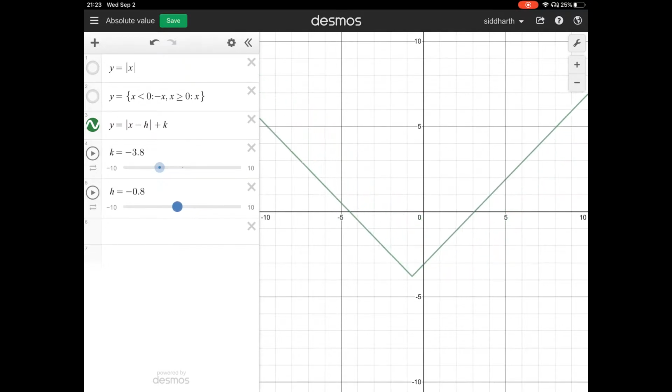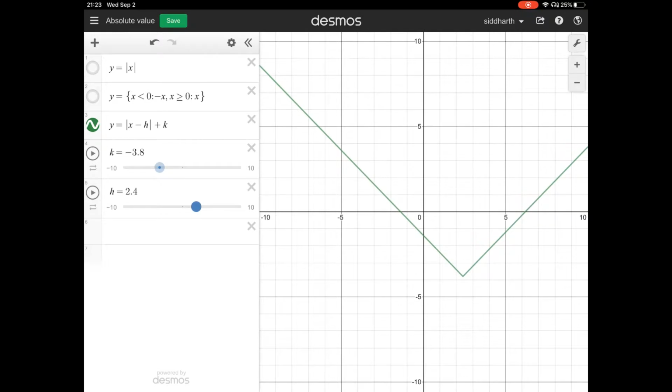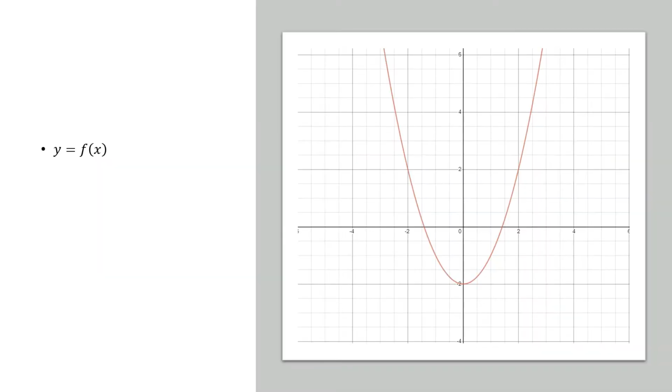And that's going to mean that the graph is performing a horizontal translation. So again, we have the h constant, which is performing a horizontal translation, and the k, which is performing a vertical translation. Let's summarize what we have learned so far.